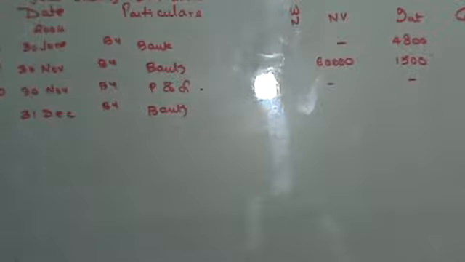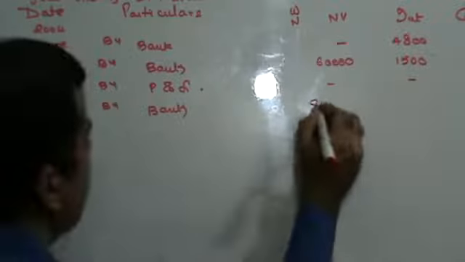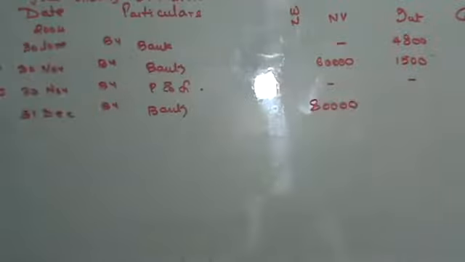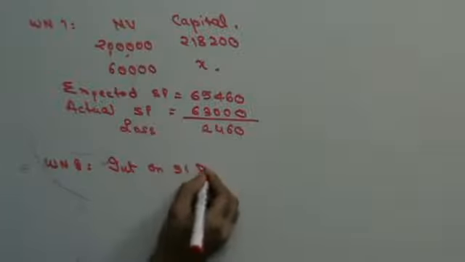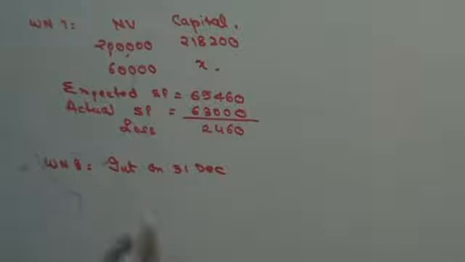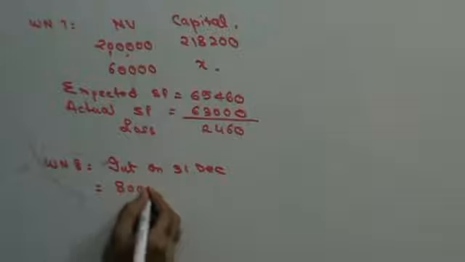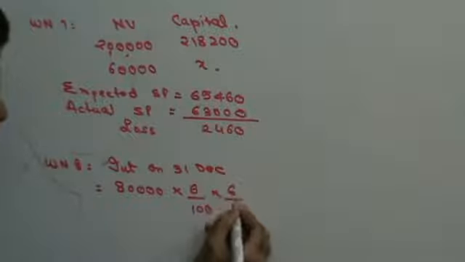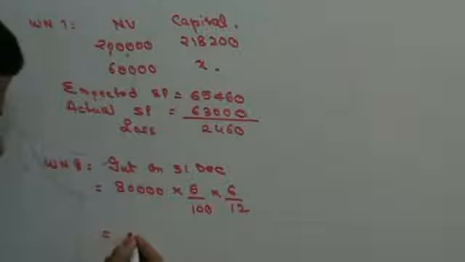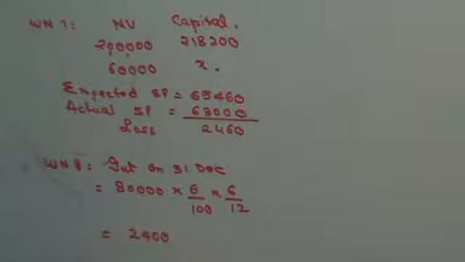I'm going to sell the debentures. We are selling 800 debentures of 100 each, that means 80,000. Let's calculate the working note for this. Working note 8: Interest on 31st December, 80,000 at 6% for 6 months. 2,400.